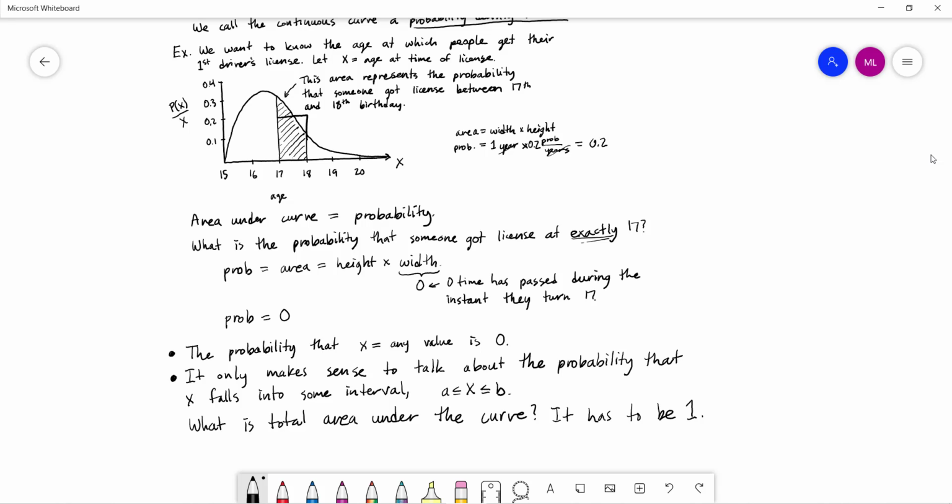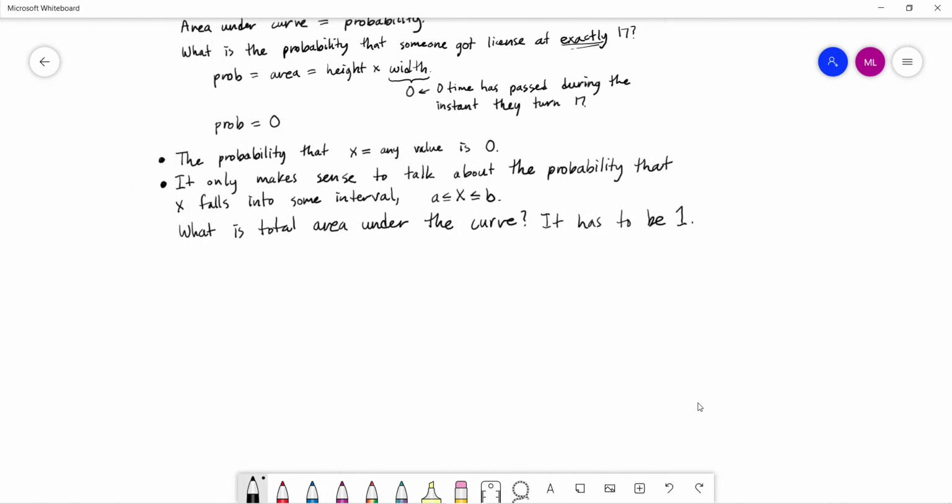And that means that the total probability should be 100%. There's a 100% chance that if you find somebody that has a driver's license, they got it between the time they turned 15 and 200. And that 100% chance needs to then correspond to the area under the curve. 100% corresponds as a probability, as a proportion, to the number 1.